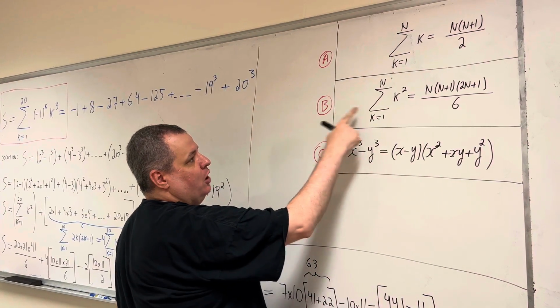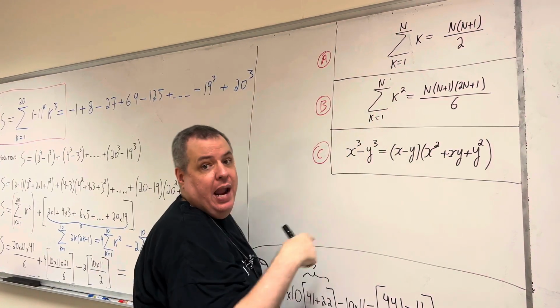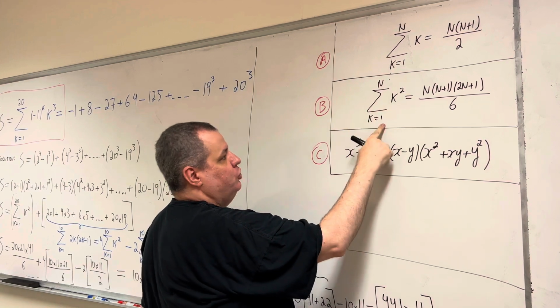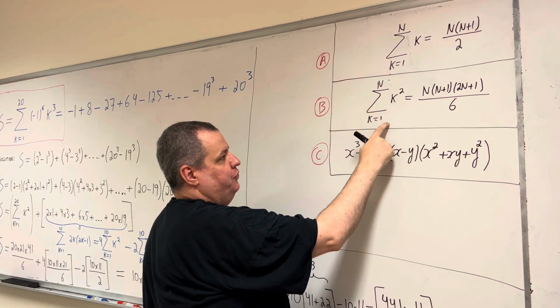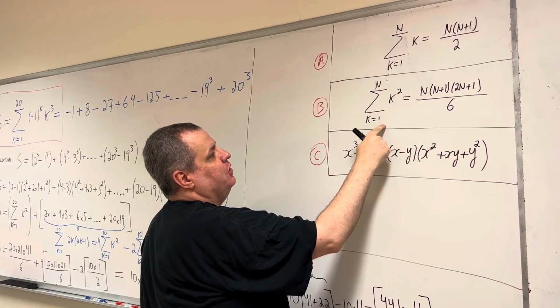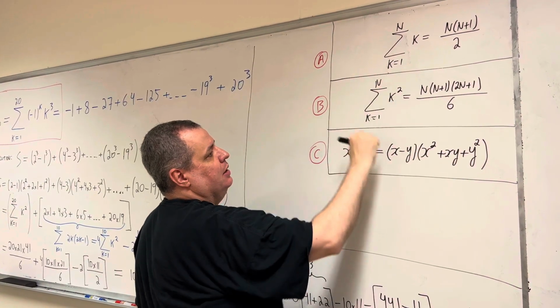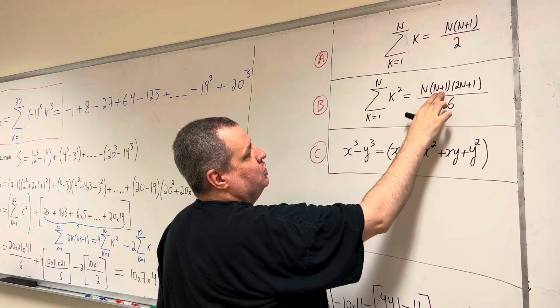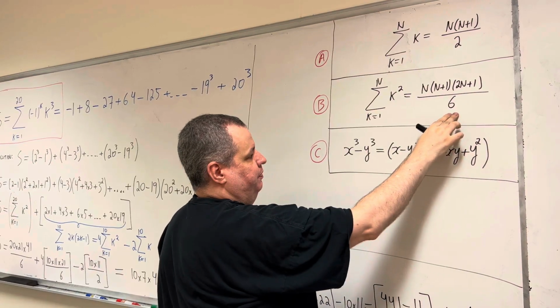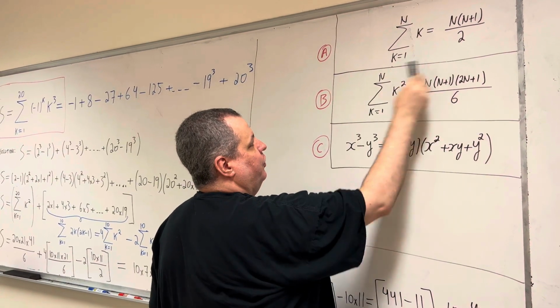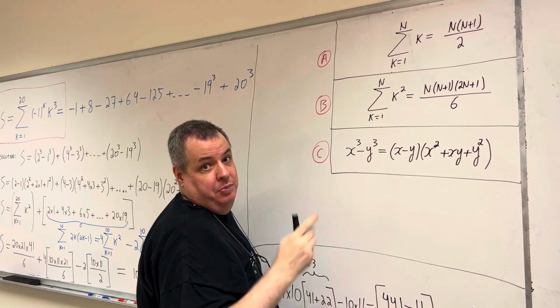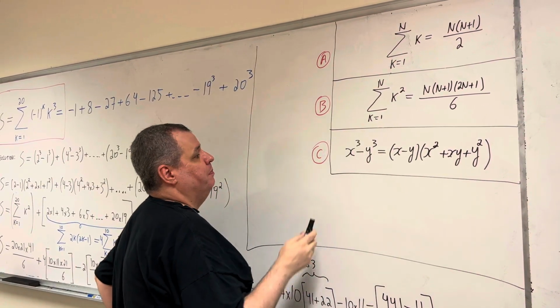Formula B tells me that if I add up the squares of the numbers, 1 squared plus 2 squared plus 3 squared plus 4 squared, all the way up to n, I'm going to get n times n plus 1 times 2n plus 1 over 6. This holds for every positive integer n.